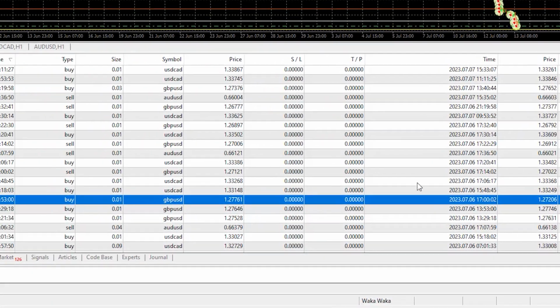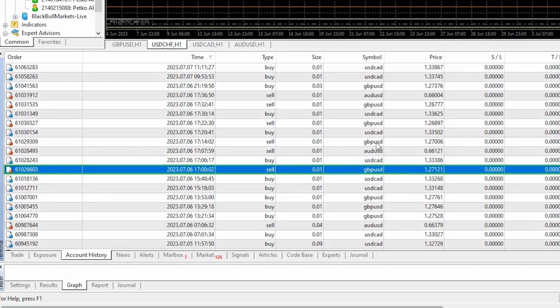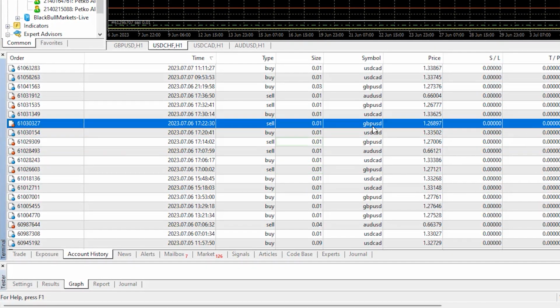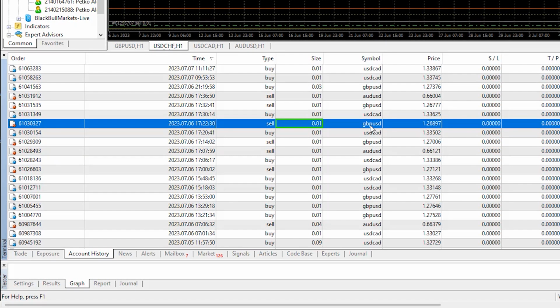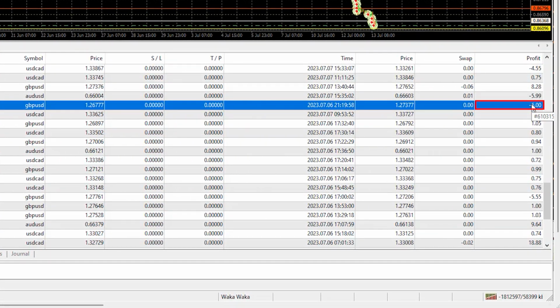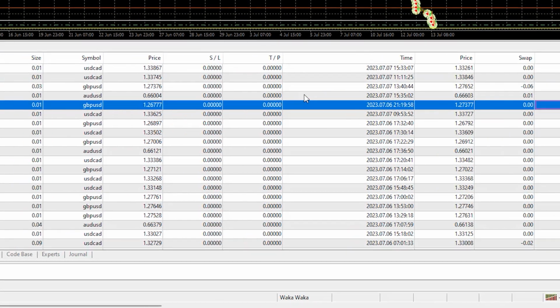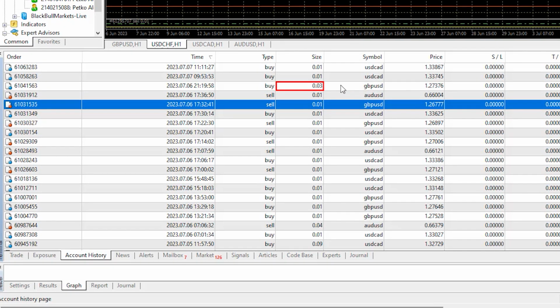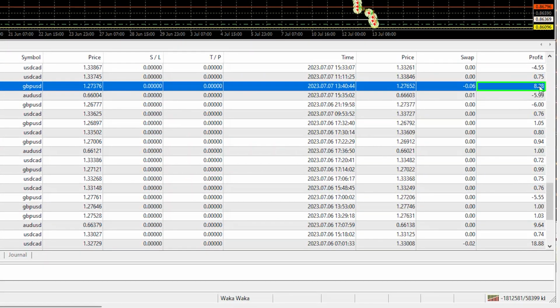But if you look at the account history, you'll see that a second one with 0.01 was on a profit, a third one with 0.01 on a profit, and then we had the next trade losing with a loss of $6, and then the consecutive trade was with 0.03 and it recovered the loss.